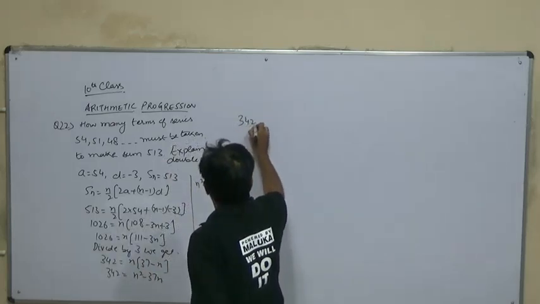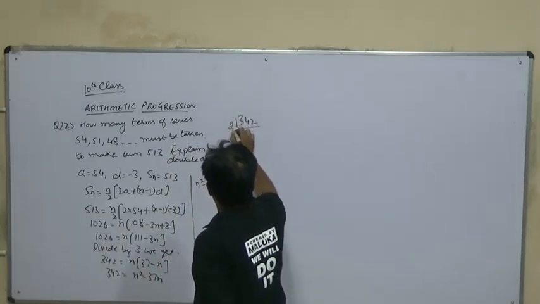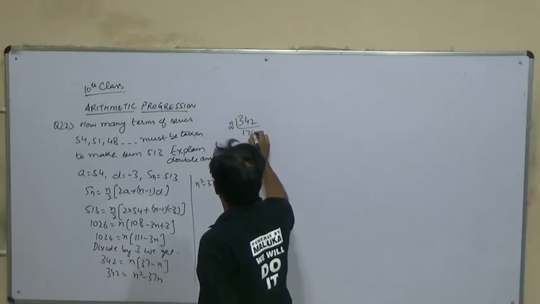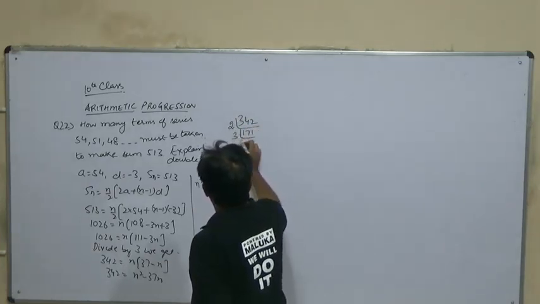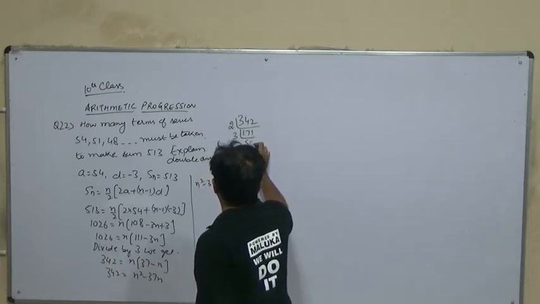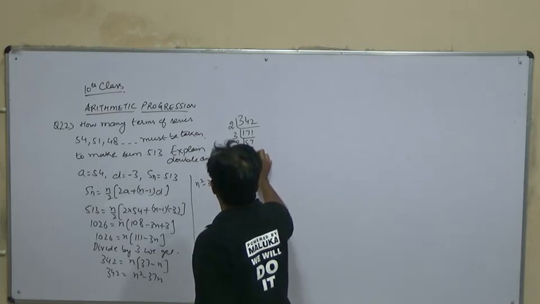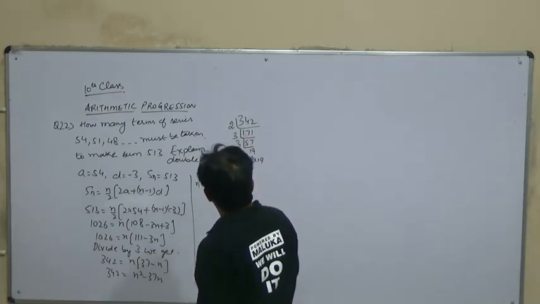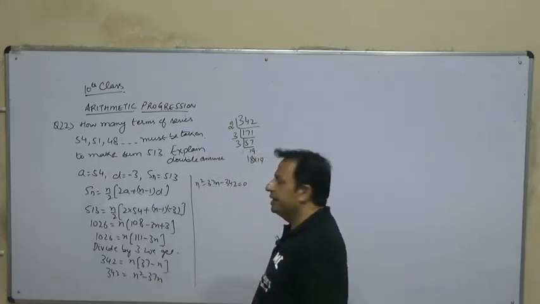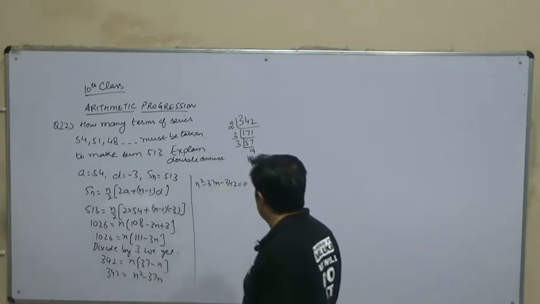Now you want to make the factors of 342. If you make the factors of 342, this will be 18 into 19. So 18 and 19 add up to 37. So these are the required factors.